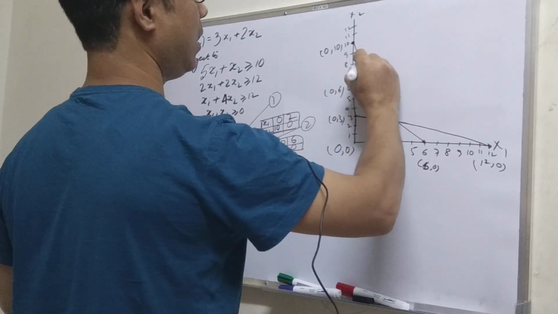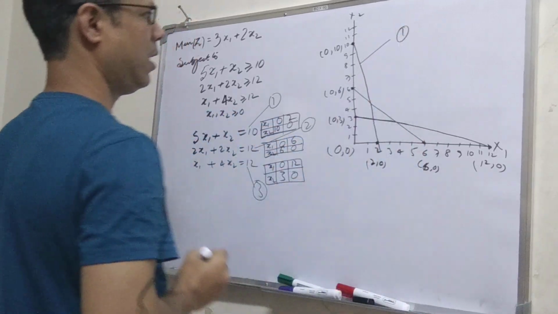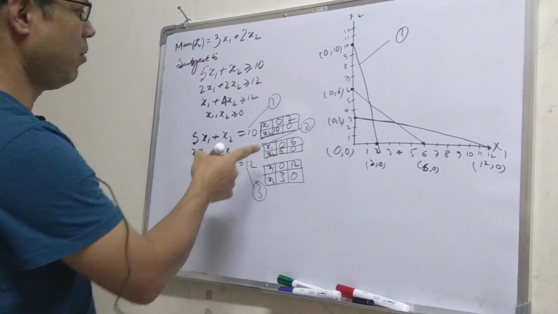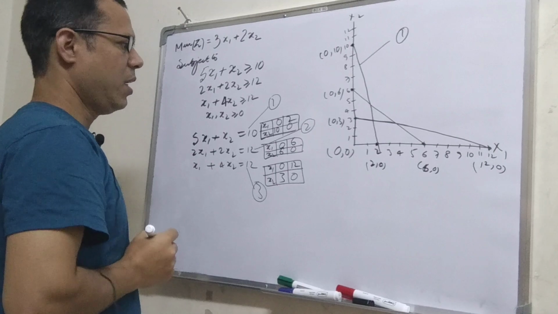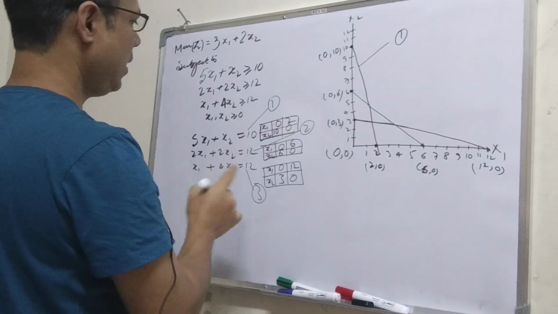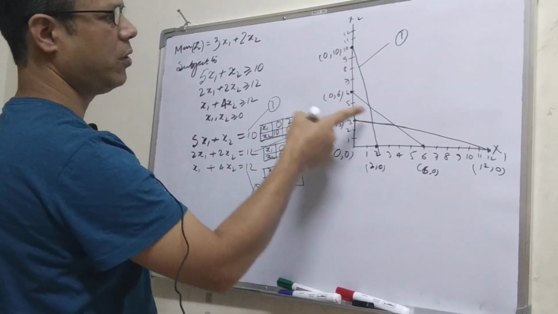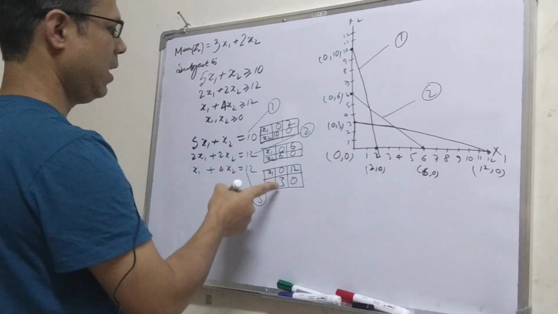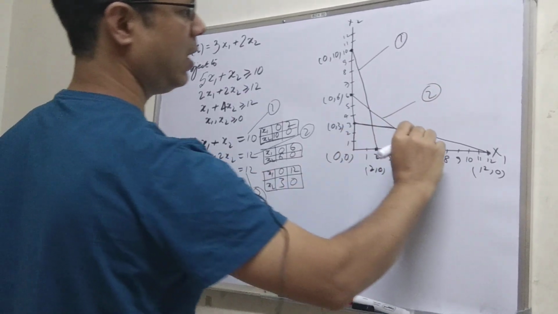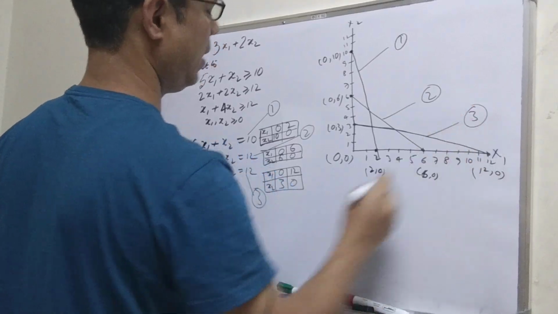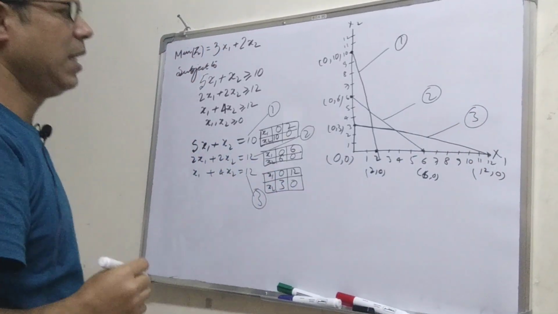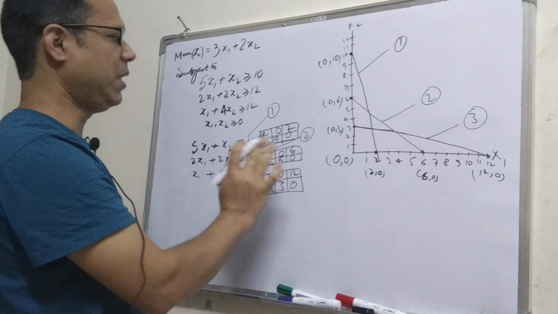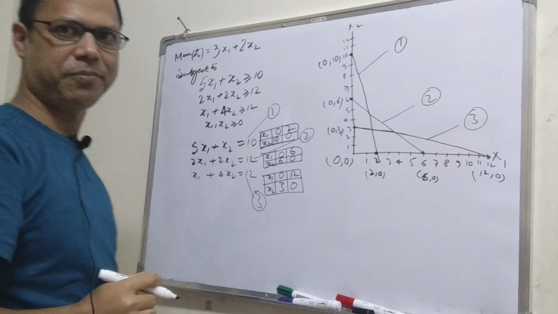So this is the first straight line from the first equation. (0, 6), (6, 0) is the second straight line from the second equation. (0, 3) is the third straight line from the third equation. Okay, now we have drawn the graph with the help of the given equations.